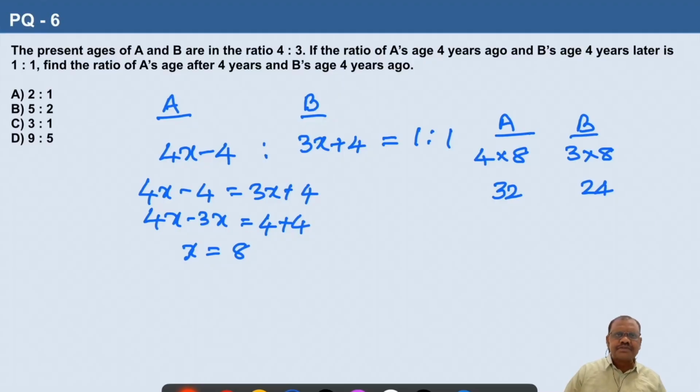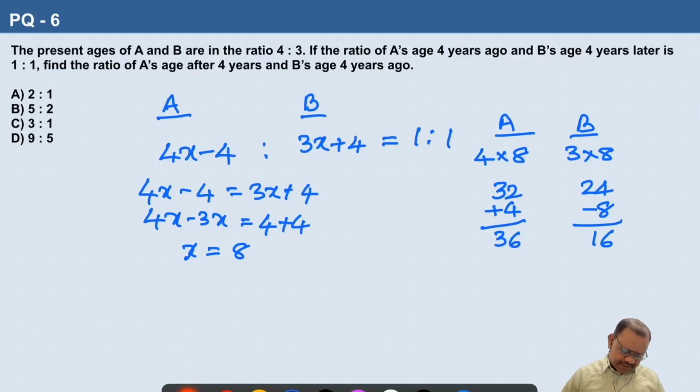And now find the ratio of A's age after 4 years, and B's age 4 years ago. 4 years ago, minus. So ago we have to subtract, after we have to add. So 32 plus 4, 36. 24 minus 8, 16.